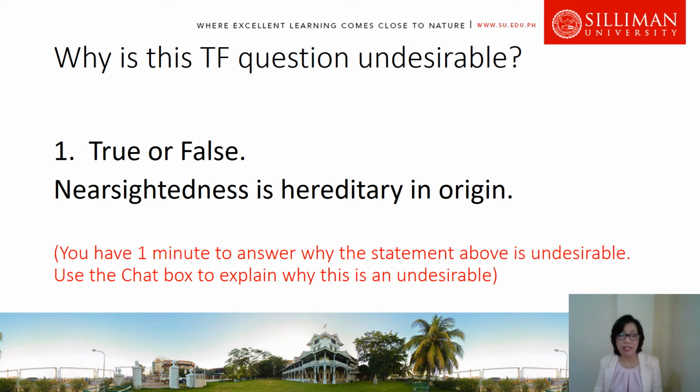True or false? Nearsightedness is hereditary in origin. Nearsightedness is hereditary in origin. You have a minute to answer why the statement is undesirable. And as I said, use the chat box to explain why this is so.